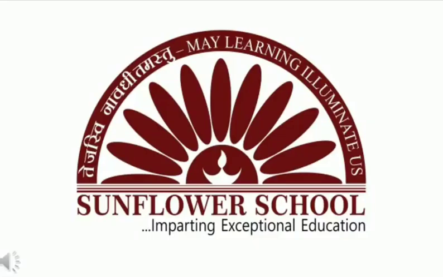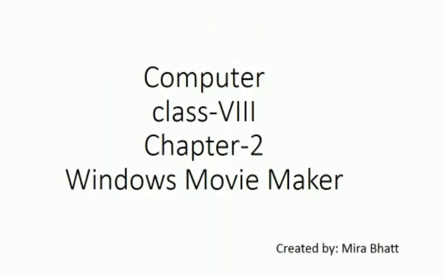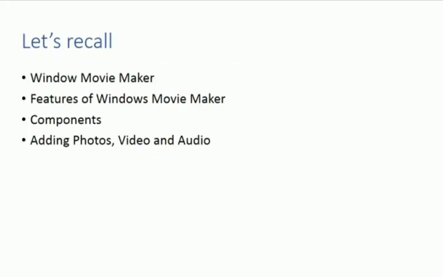Welcome to computer class. Today we are going to continue our second chapter, Windows Movie Maker. But before that, let's recall the things. We did learn about Windows Movie Maker, features of Windows Movie Maker, components and adding photos, videos and audios to your movie.